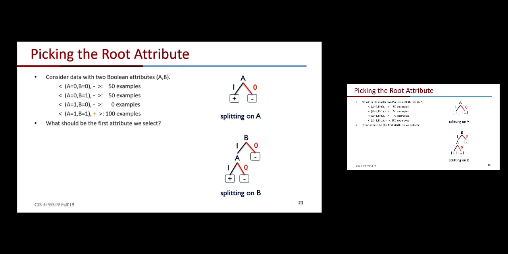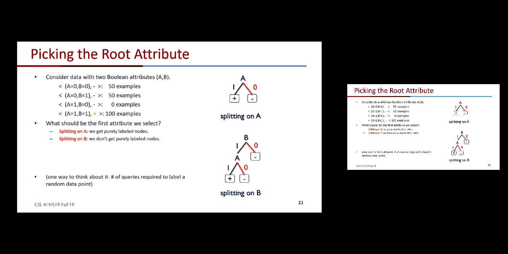Now, there are many ways to think about it. One, you can say it's a smaller tree. You can also think about it as how many queries would I have to ask in order to label the example, given a random example. So give me an example.